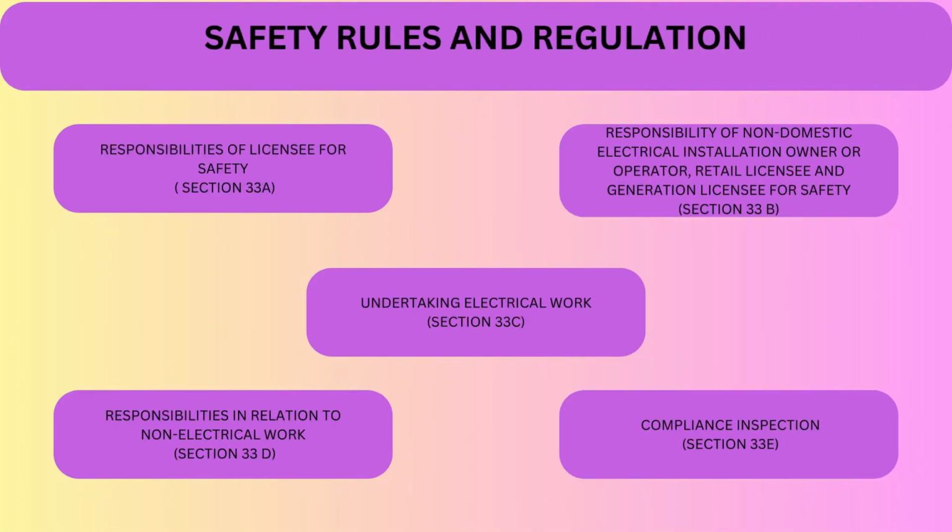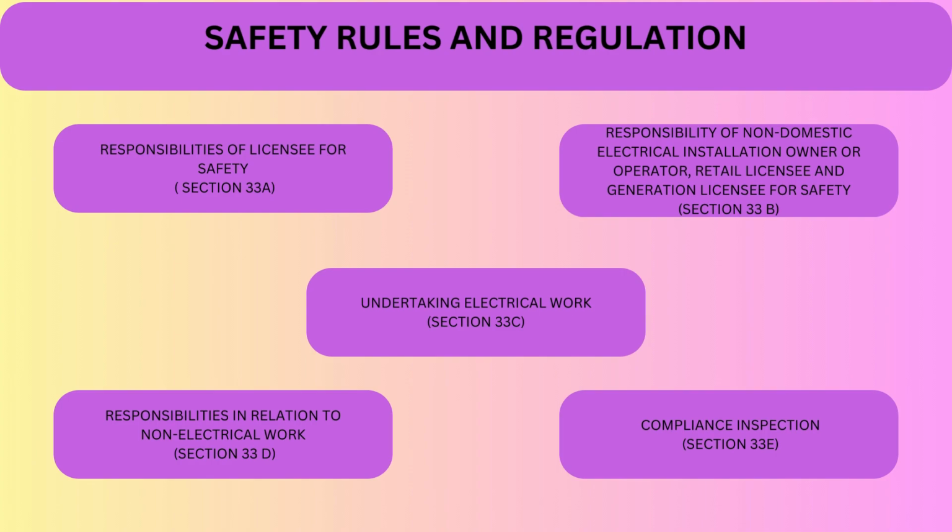Okay, now for the safety rule and regulation, there are 5 safety rules and regulations. First is responsibility for licensee for safety, under section 33A. Second is responsibility of non-domestic electrical installation owner or operator, retail license and generation license for safety, section 33B.